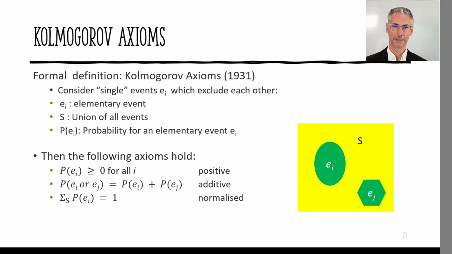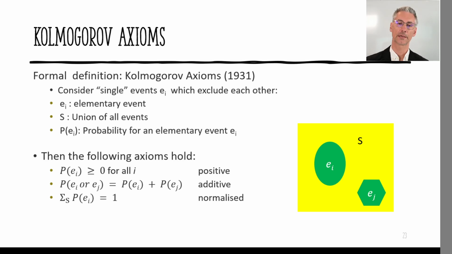A bit more formal still, this is defined by the Kolmogorov axioms. So these are the formal definitions from Kolmogorov from the 1930s. So we consider our single events that exclude each other. So we have our sample space S, it's a union of all events, and then we have elementary events, for example, head or tail, and then we have the probability for such an elementary event.